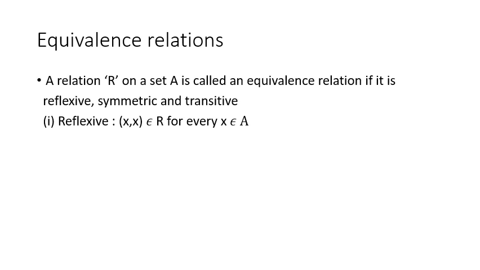That means from the given set we should be able to find a mapping such that the element maps to itself. For example, if A is equal to the set {1, 2, 3}, then we should have a relation with ordered pairs (1, 1), (2, 2), (3, 3), so that we can say that the relation is reflexive.